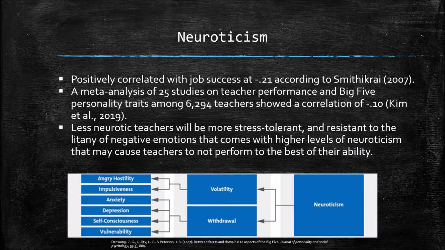And so they're going to be more resistant to the litany of negative emotions that come with high levels of neuroticism. It may cause teachers to not perform to the best of their ability. I was losing my train of thought there a little bit. But yeah, again, let's read that back. Less neurotic teachers will be more stress tolerant, right? So if you're more stress tolerant, you're able to handle more, right?